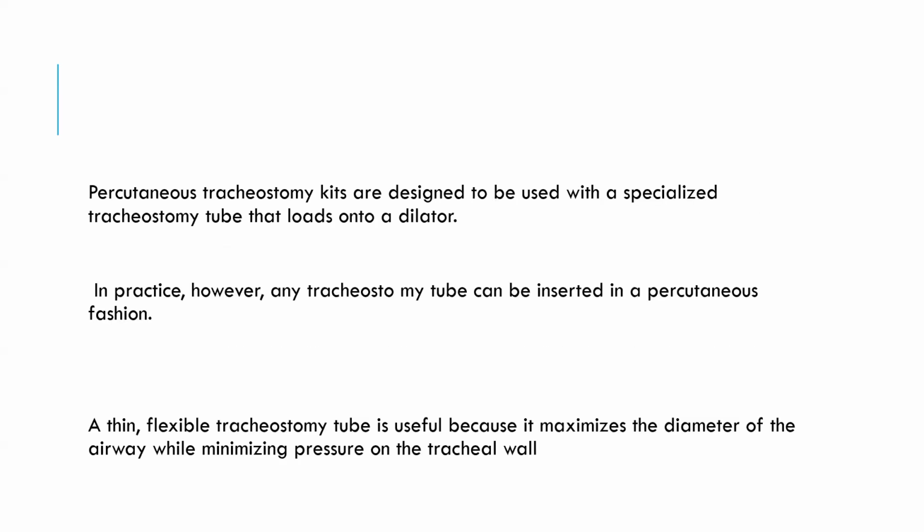Percutaneous tracheostomy kits are designed to be used with a specialized tracheostomy tube that loads into the dilator. In practice, however, any tracheostomy tube can be inserted in a percutaneous fashion. A thin, flexible tracheostomy tube is useful because it maximizes the diameter of the airway while minimizing the pressure on the trachea.